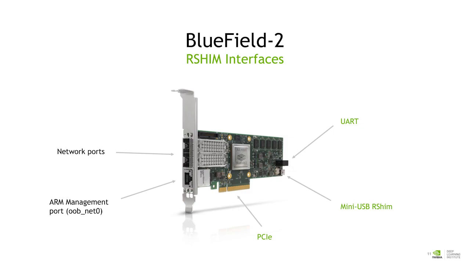The PCIe connection provides the high-speed system bus connection as well as power. The UART and mini USB port are both special ports that are enabled and supported by the RShim driver. Typically, these UART and mini USB RShim interfaces are not used in favor of using the PCIe bus for the RShim management access and tools.